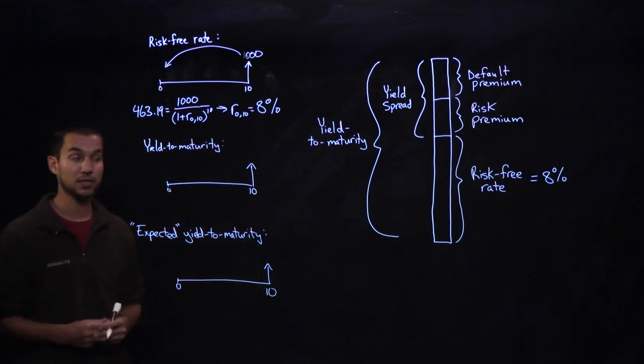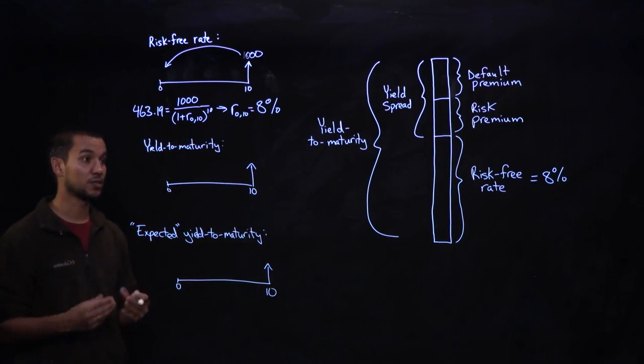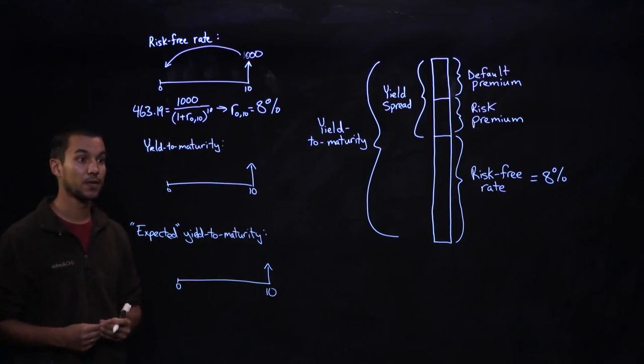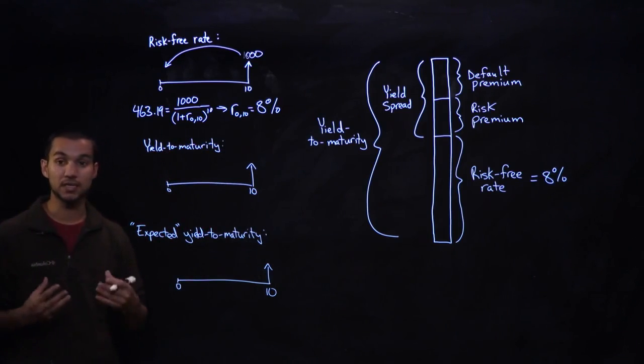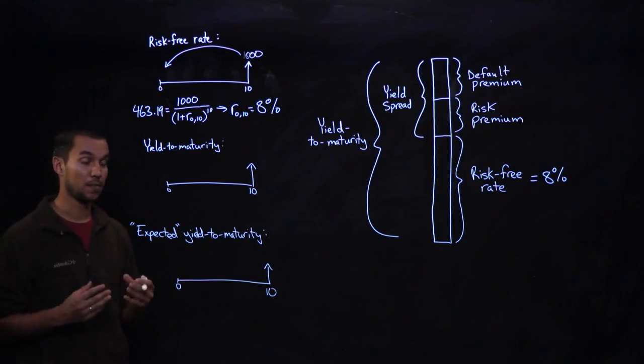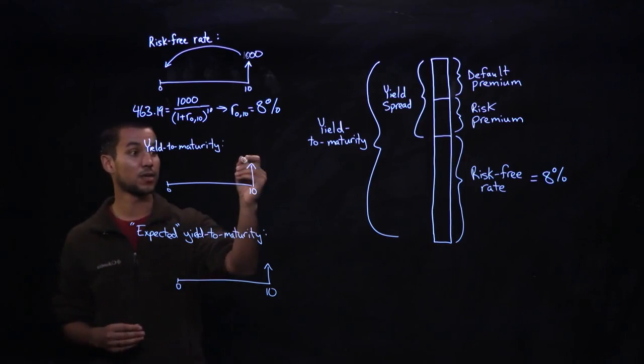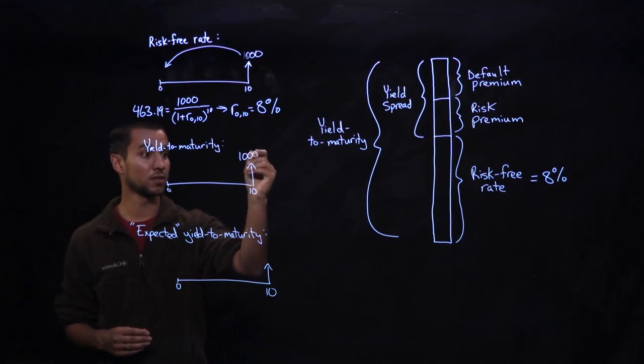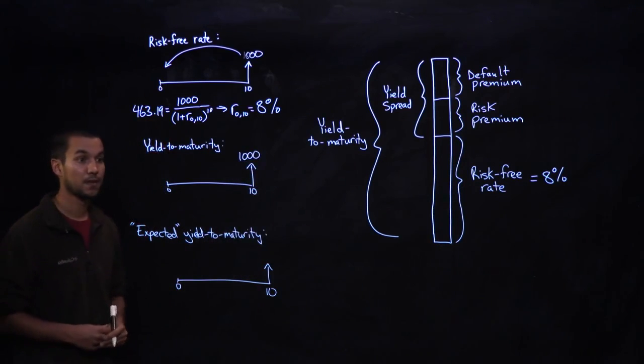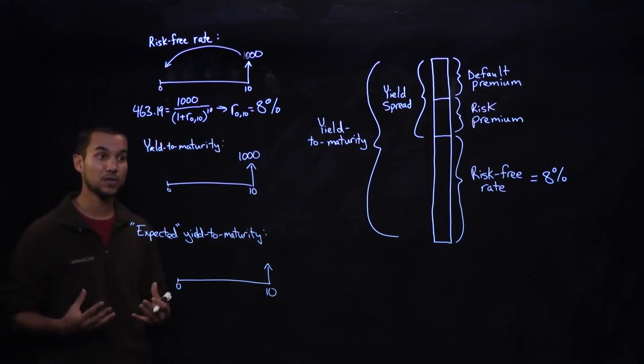Now the second thing we can do is calculate the yield to maturity of our risky corporate bond. We're told that it's a zero coupon bond with a face value of $1,000. So again, we're promised $1,000 in year 10, but now this is a risky bond, and so there's no guarantee that we are going to earn that $1,000.